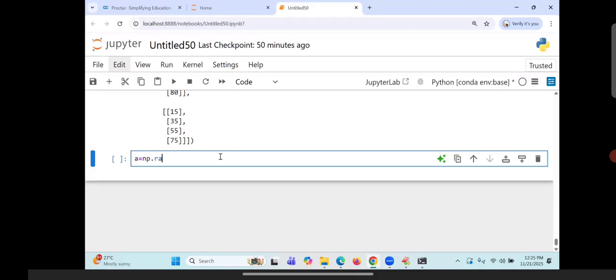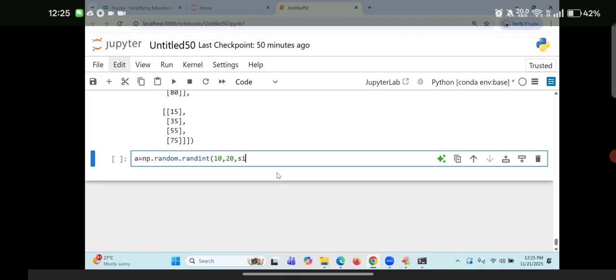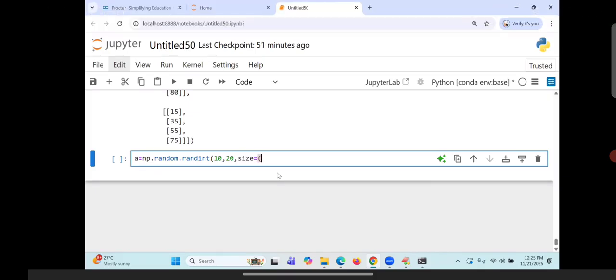NP dot arange, or I will write it, NP dot random dot randint of size equal to 4 comma 3 comma 3.